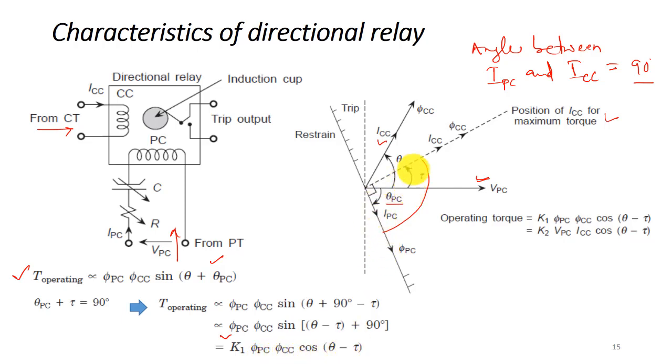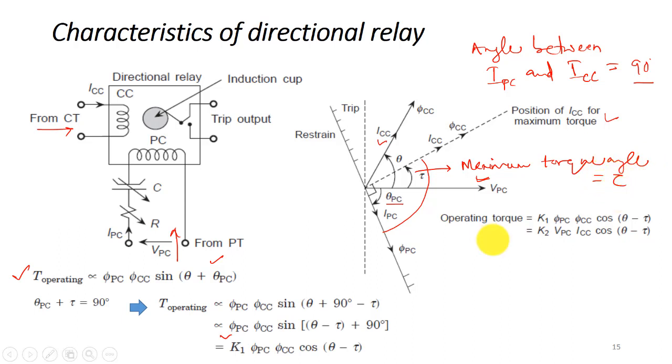Here tau is the angle between VPC and the position of ICC for maximum torque, so this angle is known as the maximum torque angle, represented as tau.